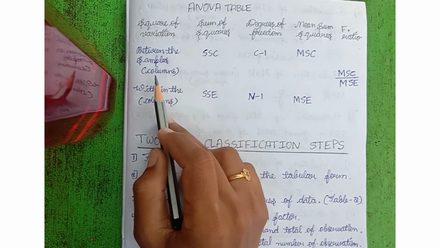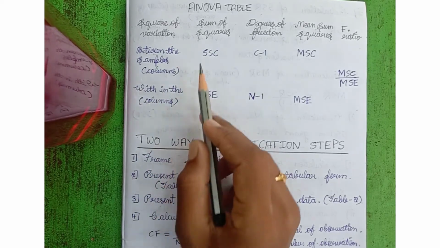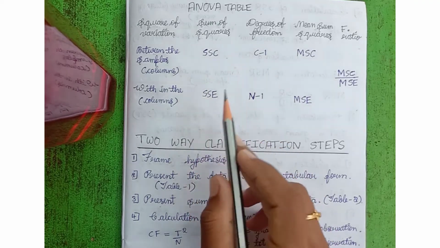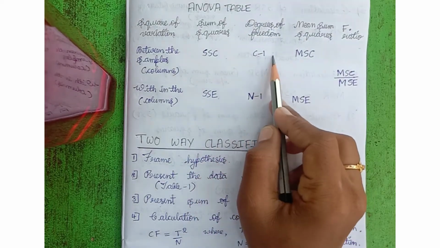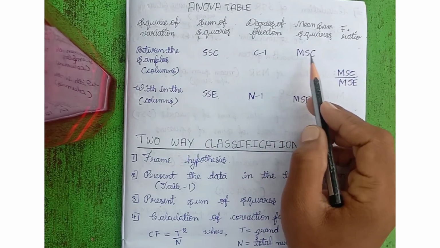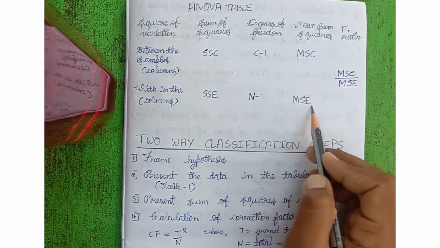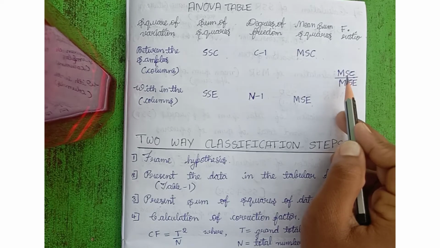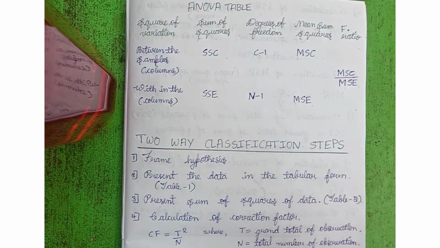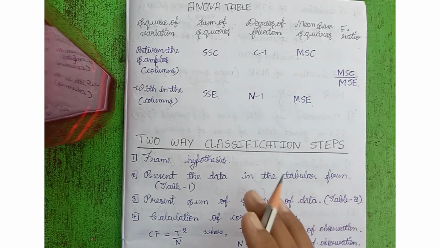Between the samples, the columns, and within the samples, the SSE value that we calculated in the problems, we have to write here, with degrees of freedom C minus 1 and another degrees of freedom n minus c, then MSC and MSE, and the F ratio calculated from the formula MSC over MSE. So you'll get to know how it is when I take a problem.